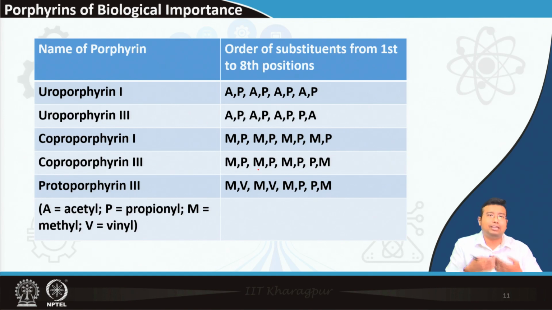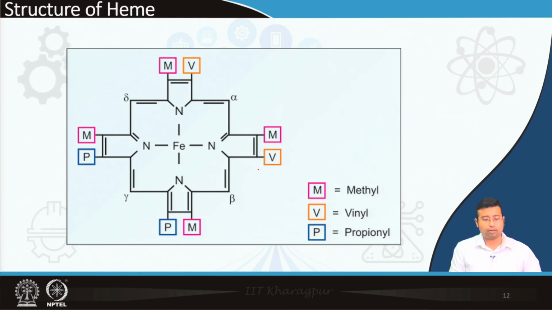To us, for heme synthesis, these are the intermediates that are required and these are the substitutions. Again, it is almost an impossible task to remember, but you still need to remember a few, which I will tell you very soon. So, this is the structure of heme, in which you should remember the substitution in order to get some good marks in the exam.